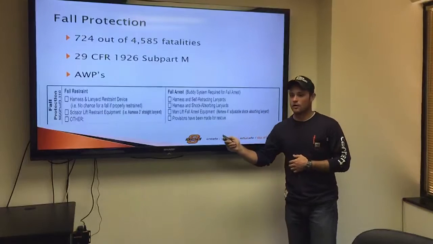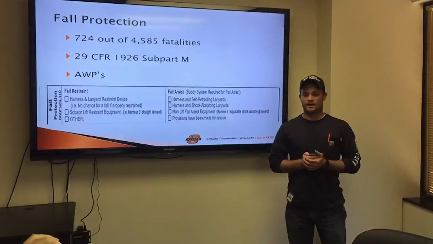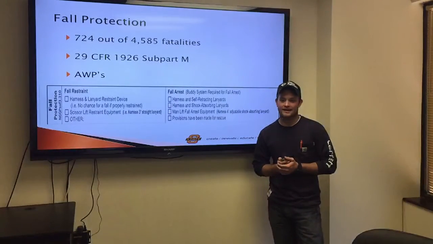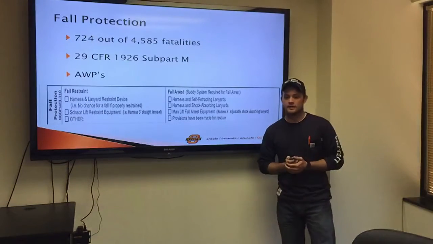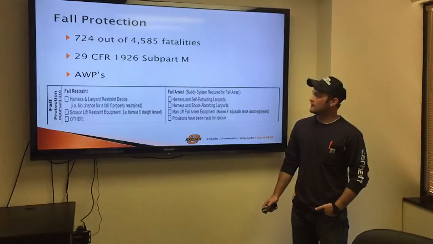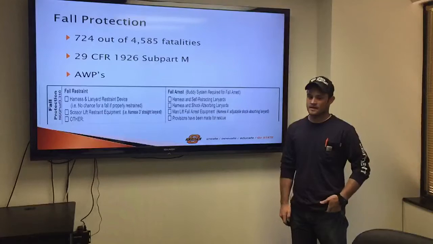So we'll go into fall protection pretty briefly. The Department of Labor statistics found that 724 out of the 4,548 workplace fatalities in 2013 were a result of slips, trips, and falls. So it is a big deal. And then 1926 subpart M is going to be your guidelines on that.